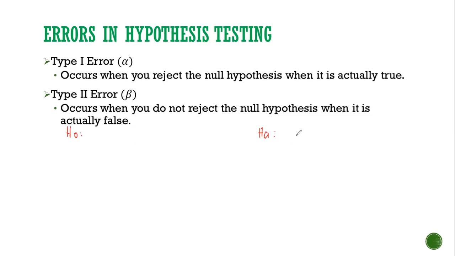So scenario, your H0 is always a positive statement. Kung gagamit man tayo ng example ha. So H0, you are COVID-free. Positive naman yan. Kasi wala kang COVID, di ba? So usually, yung alternative is a negative statement. So kabaliktaran neto, you are not COVID-free, therefore you are COVID positive.